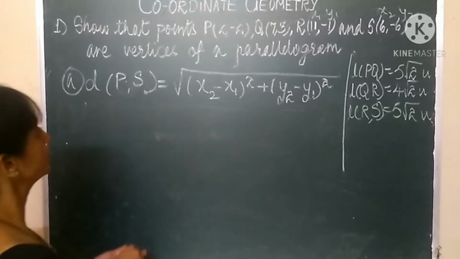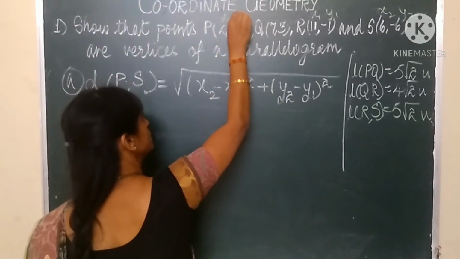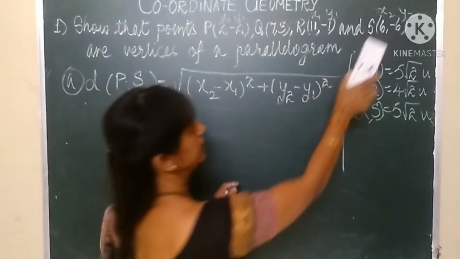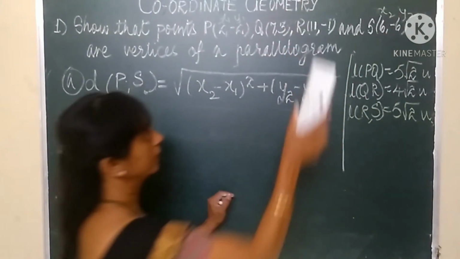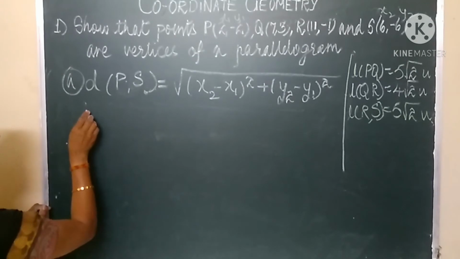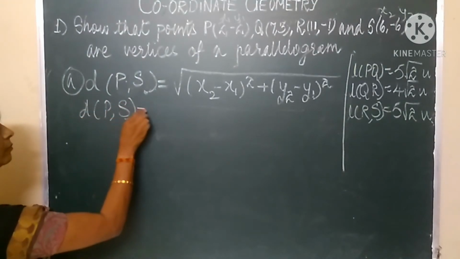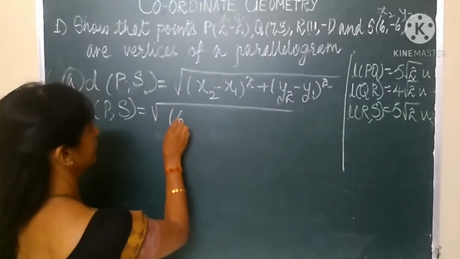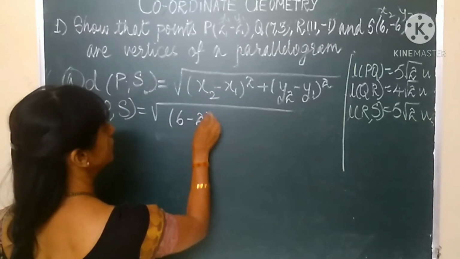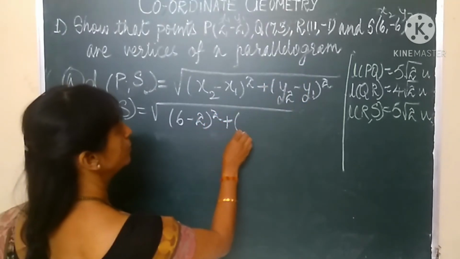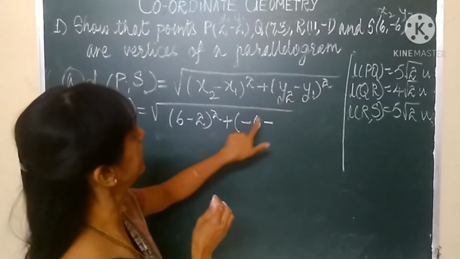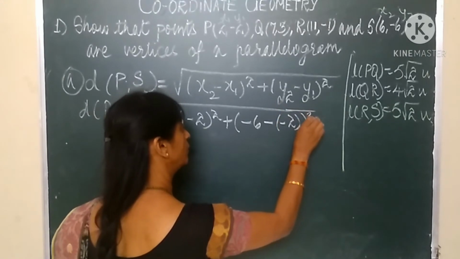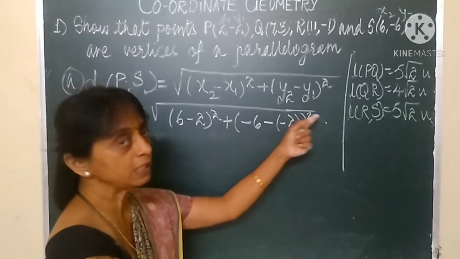So again our x1, y1 will be assigned to the coordinates of point P and x2, y2 to the coordinates of point S. To begin with the calculation part, first step, square root of x2, that is 6, minus x1, that is 2, the whole square, plus y2, that is minus 6, minus y1 with a negative sign, that is minus 2, the whole square, y2 minus y1, the whole square.